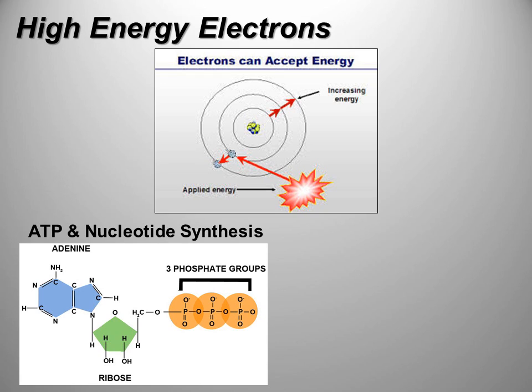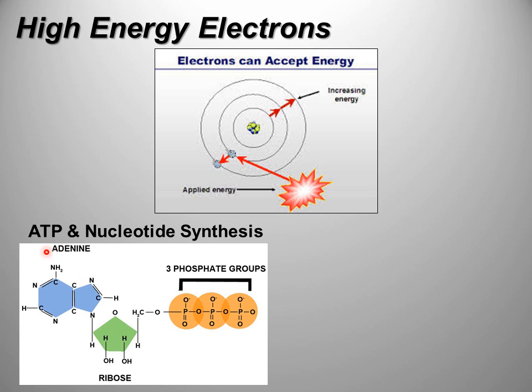The energy stored in the phosphate diester bond here between, this is 1, this is 2, this is 3, this is alpha, okay, this is beta, and this is gamma. Between the beta and gamma phosphates, there's a huge amount of energy stored right here, and that has to do in part with high energy electrons.